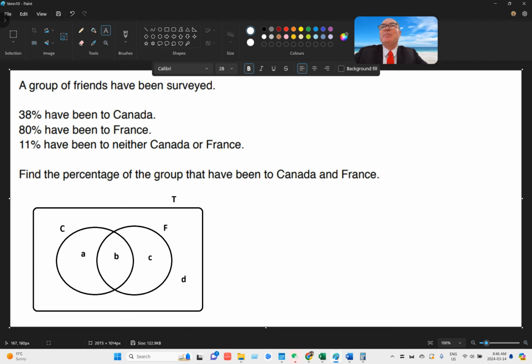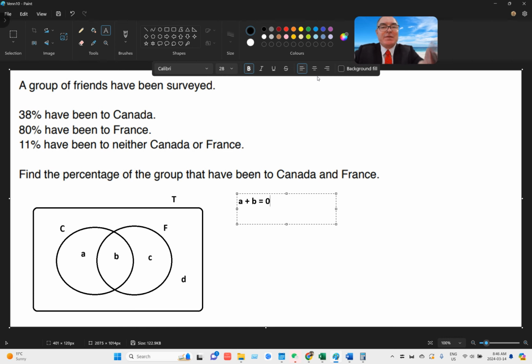Now let's look at the clues. 38% of the people have been to Canada. Well, in my circle here, that's going to be A, people who only went to Canada, and B, who went to Canada and France. So A plus B is equal to 38% of the total number of people.